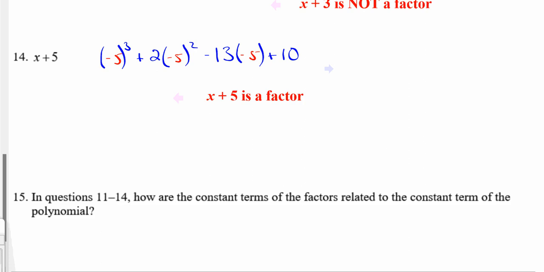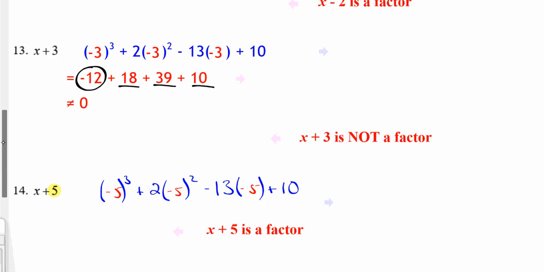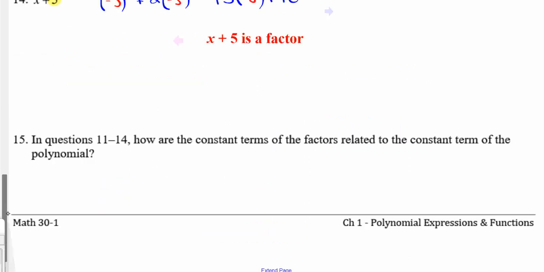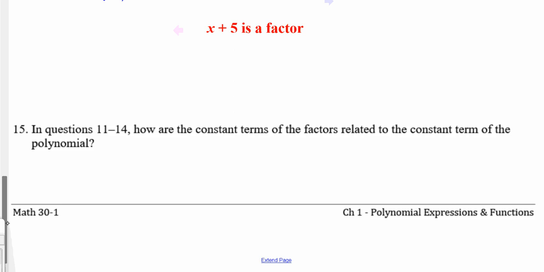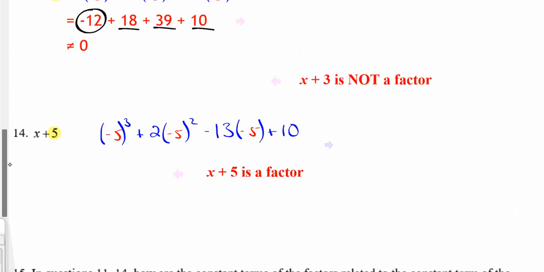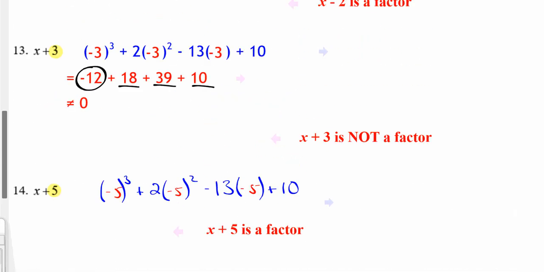Questions? Nope, easy enough. Now, in questions 11 to 14, the constant terms. So what I'm asking here is, how are the constant terms of the factors connected? Okay, so we don't want that 3.